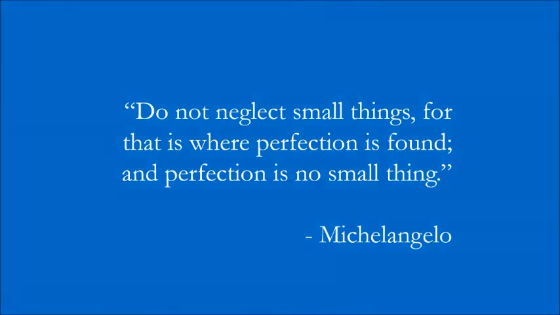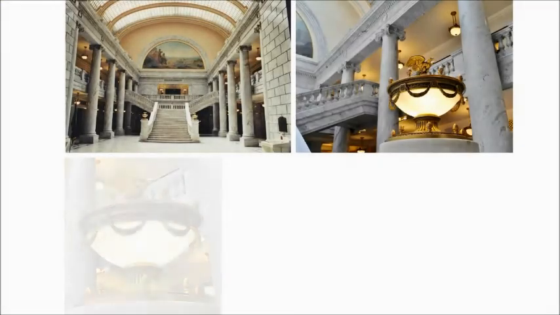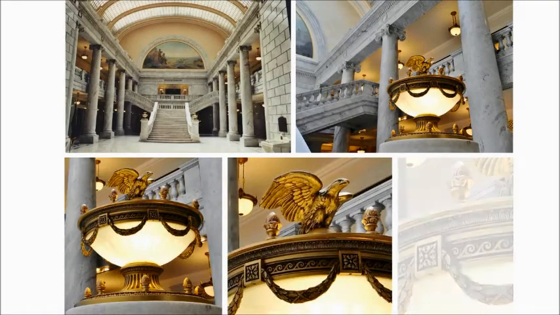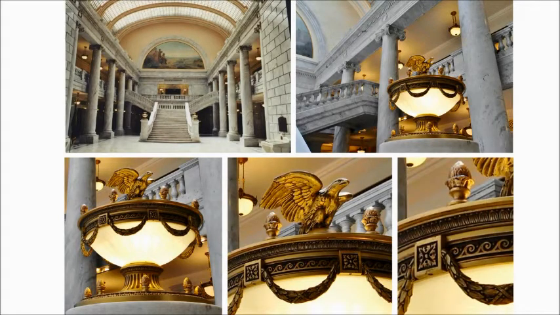Let's begin with a quote from Michelangelo. He says, "Do not neglect small things, for that is where perfection is found, and perfection is no small thing." Ornament, writes Stephen Semmes in his book The Architecture of the Classical Interior, may be defined as the architecture of the near view.